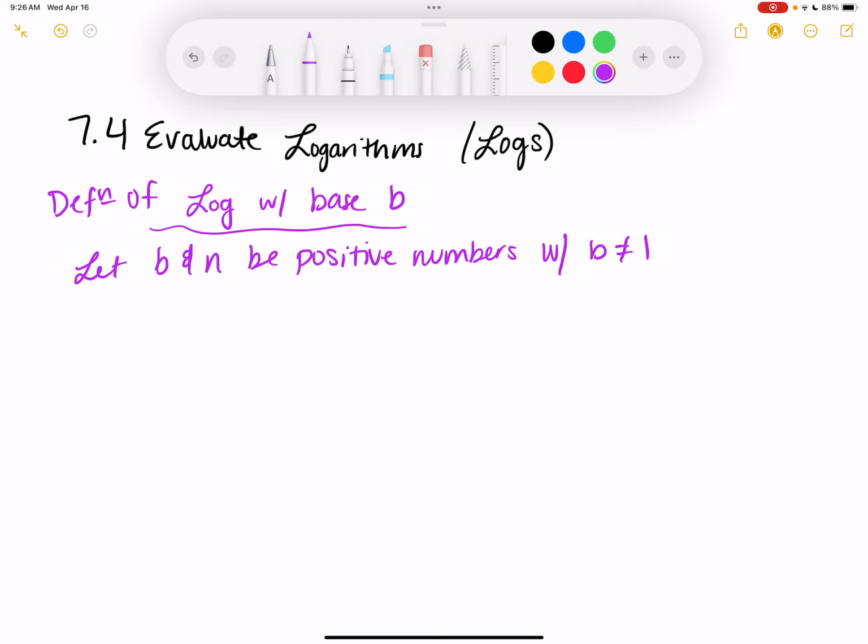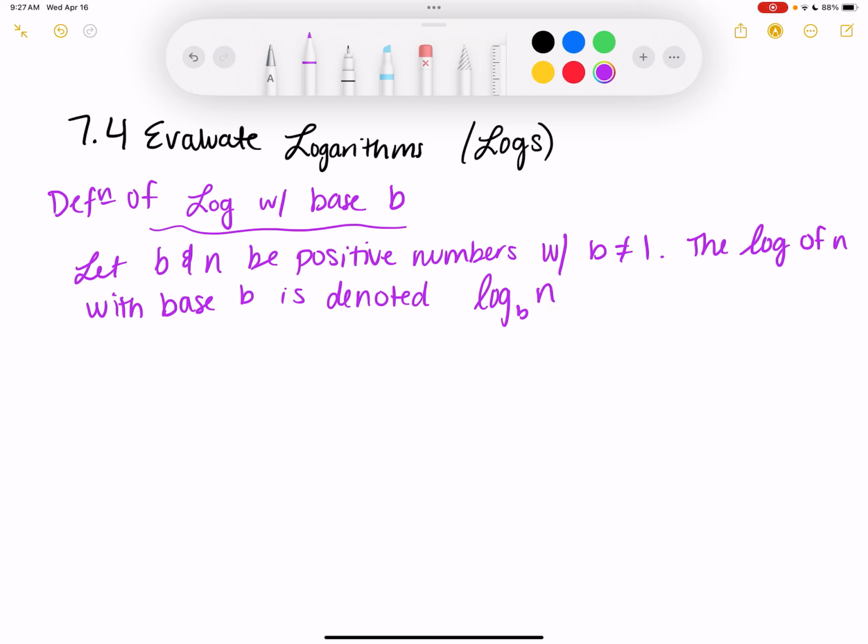With b not equal to 1, the log of n with base b is denoted log with a little subscript b of n.